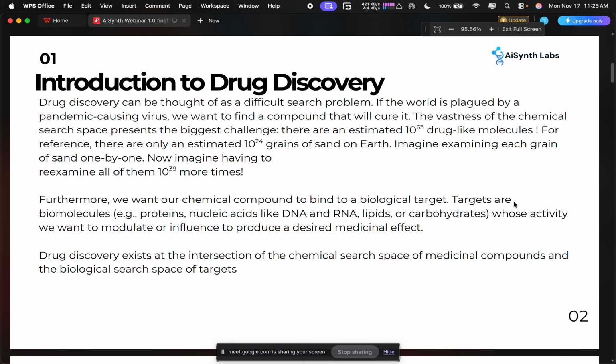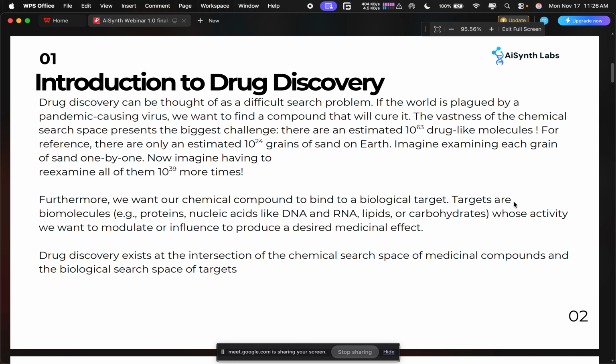All drugs are chemicals, but not all chemicals are drugs. There are an estimated 10 raised to the power of 63 drug-like molecules available, and mind you, we have only 10 raised to the power of 24 grains of sand on Earth. We have more drug-like molecules than there are grains of sand on Earth.